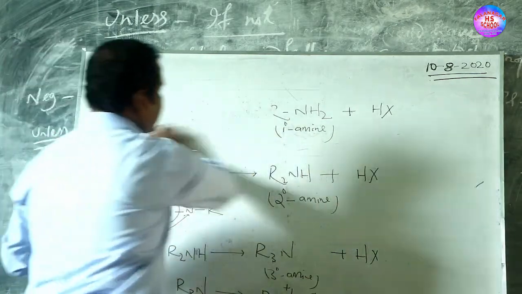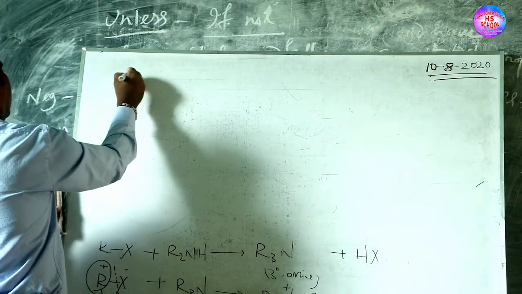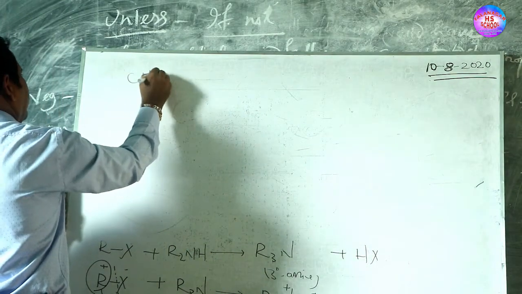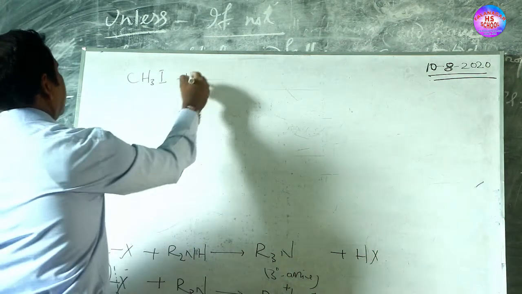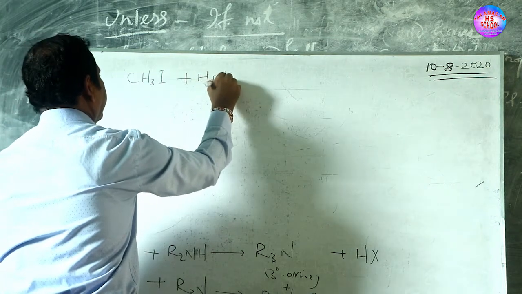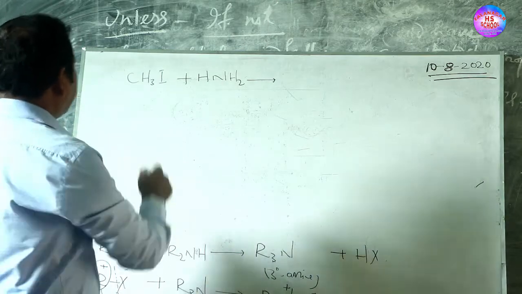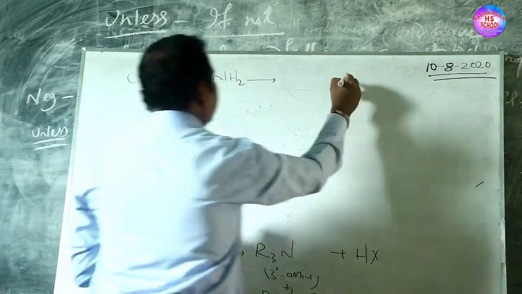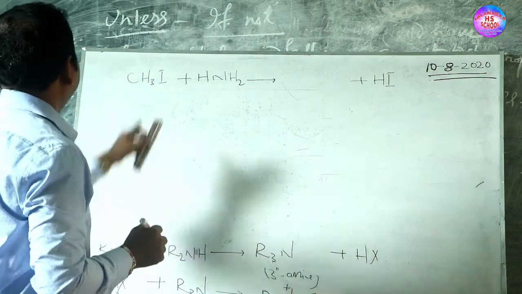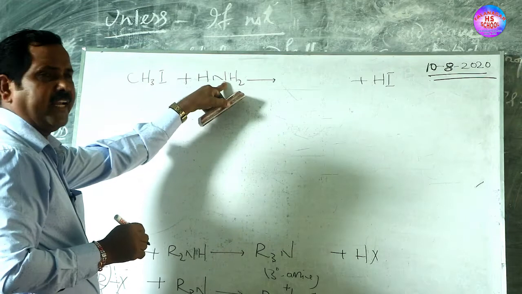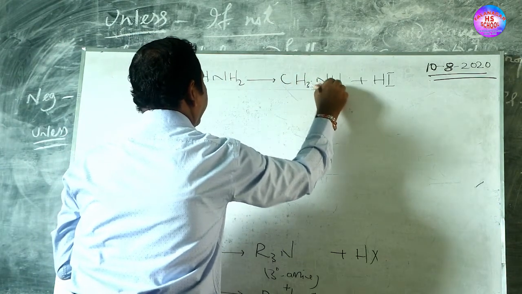Let us put R equal to CH3. So take an example. Suppose methyl iodide, CH3I, plus HNH2. So we get HI, hydrogen iodide, and methyl NH2, methylamine.